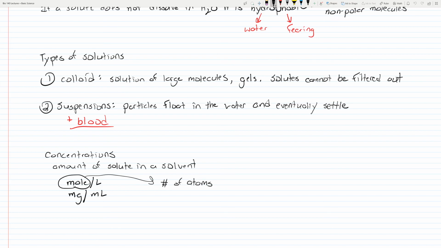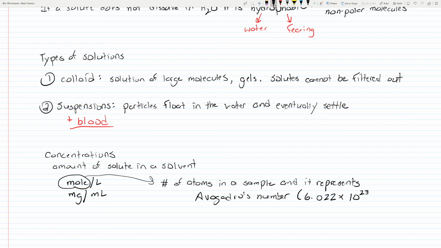It's the number of atoms in a sample, and it represents Avogadro's number, which is 6.022 times 10 to the 23rd power.